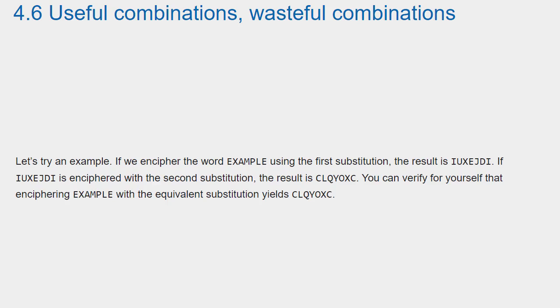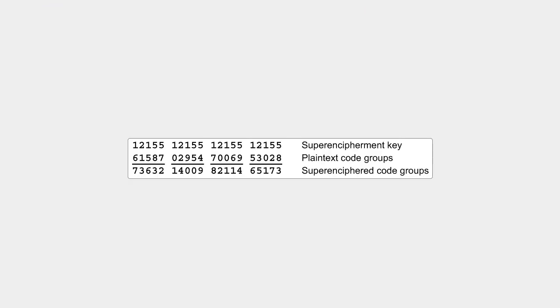If IUXEJDI is enciphered with the second substitution, the result is CLQYOXC. You can verify for yourself that enciphering example with the equivalent substitution yields CLQYOXC.